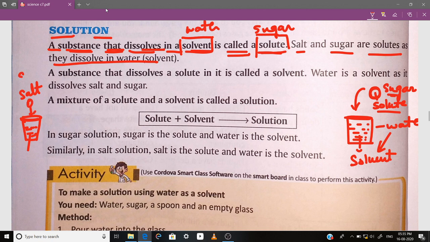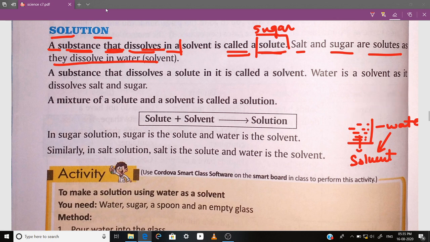So salt is the solute. On the other hand, water is the solvent. I hope that this is clear, because it is very important to understand this. Now let us study more about solvent and solute, and then we will see what is a solution.